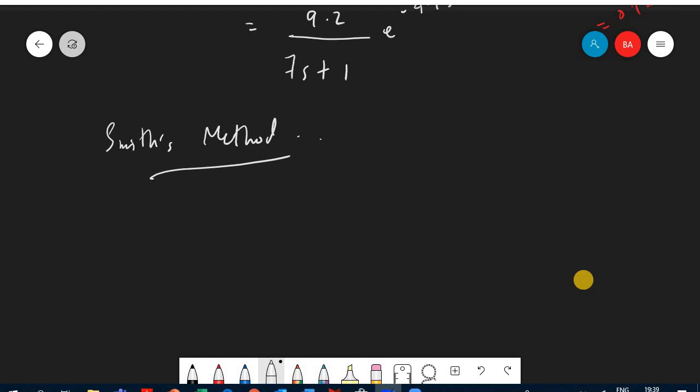As you remember, with the Smith method we are trying to find K, tau, theta, and psi. And since it's psi, that is definitely fitting a second order plus time delay. In that sense, I'm going to start my process here.